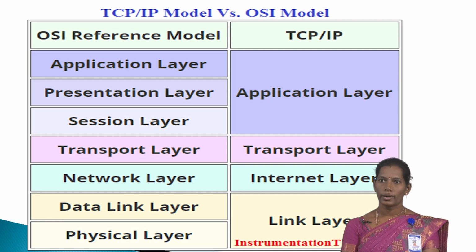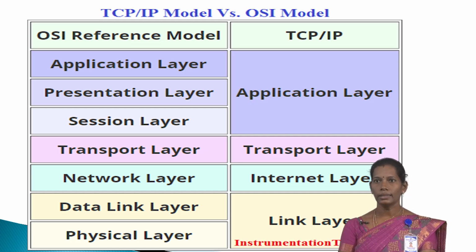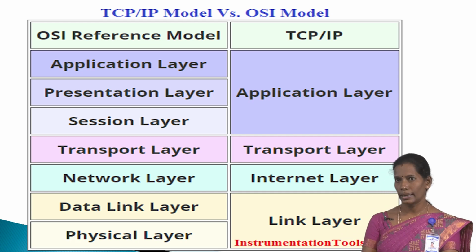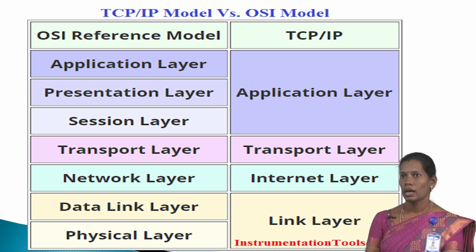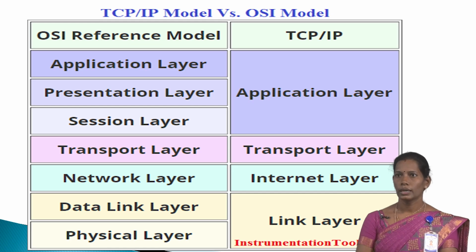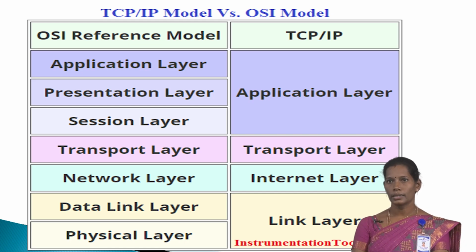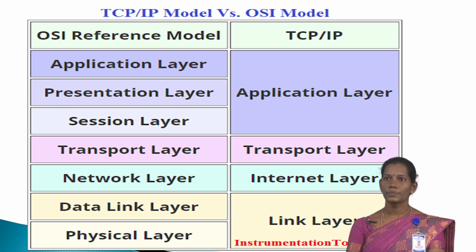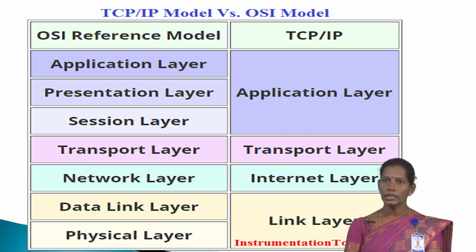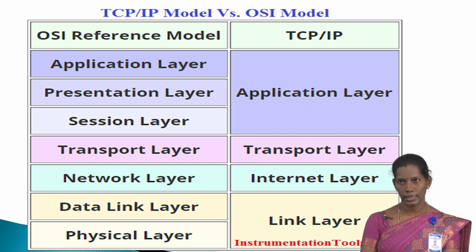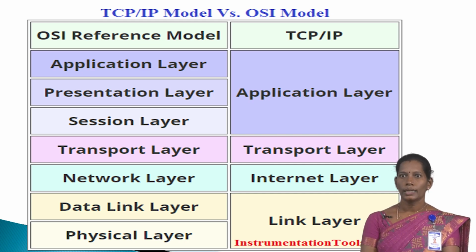The TCP/IP model consists of 5 layers: application layer, transport layer, network layer, data link layer and the physical layer. The first 4 layers provide physical standards: network interface, internetworking and transport functions that correspond to the first 4 layers of the OSI model, and these 4 layers are represented in the TCP/IP model by a single layer called the application layer.